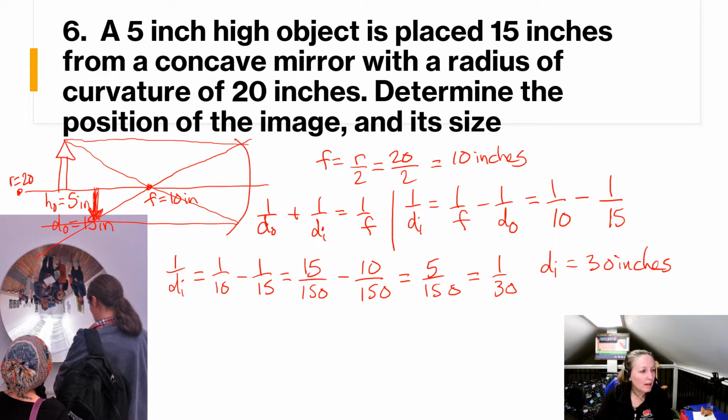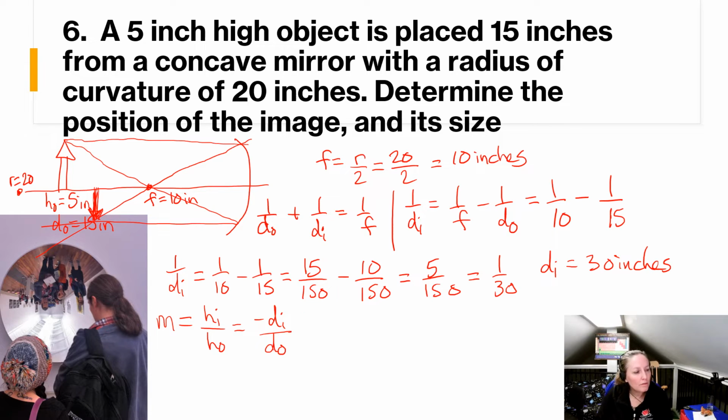Now, we also need to know a little bit about that image. So what do we have? We have magnification. Well, where did my M go? Magnification is height of the image all over height of the object, which is also equal to negative distance of the image all over distance of the object.